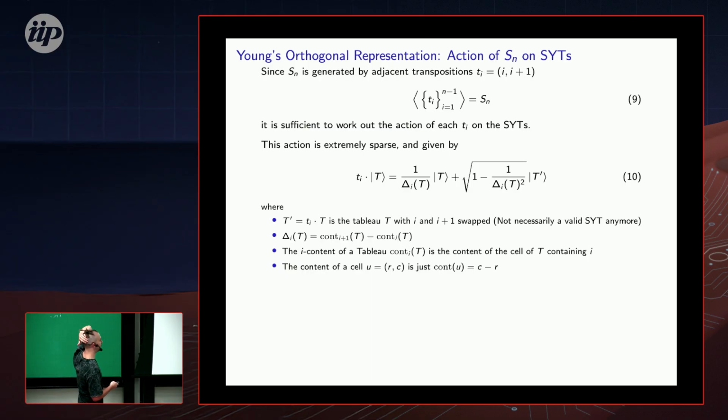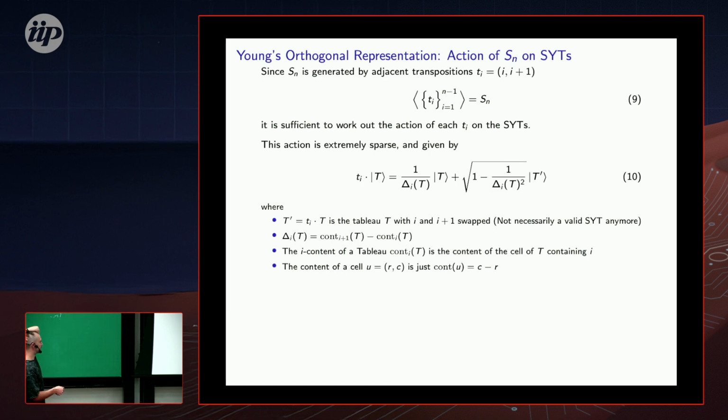And yeah, the claim is that the action is extremely sparse. The adjacent transposition on a tableau essentially puts a face on my tableau and potentially makes another T prime appear, only when T prime is defined like here.